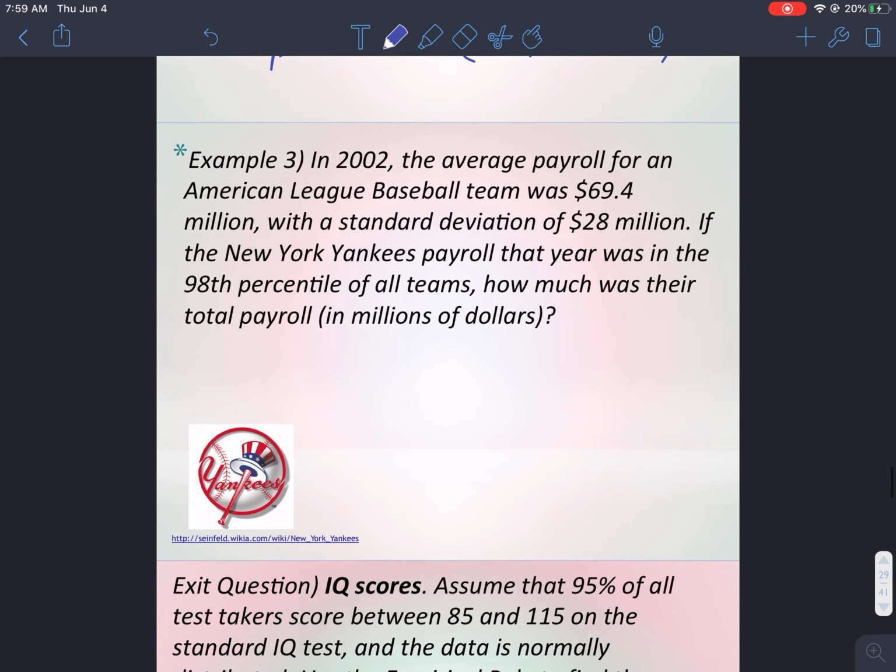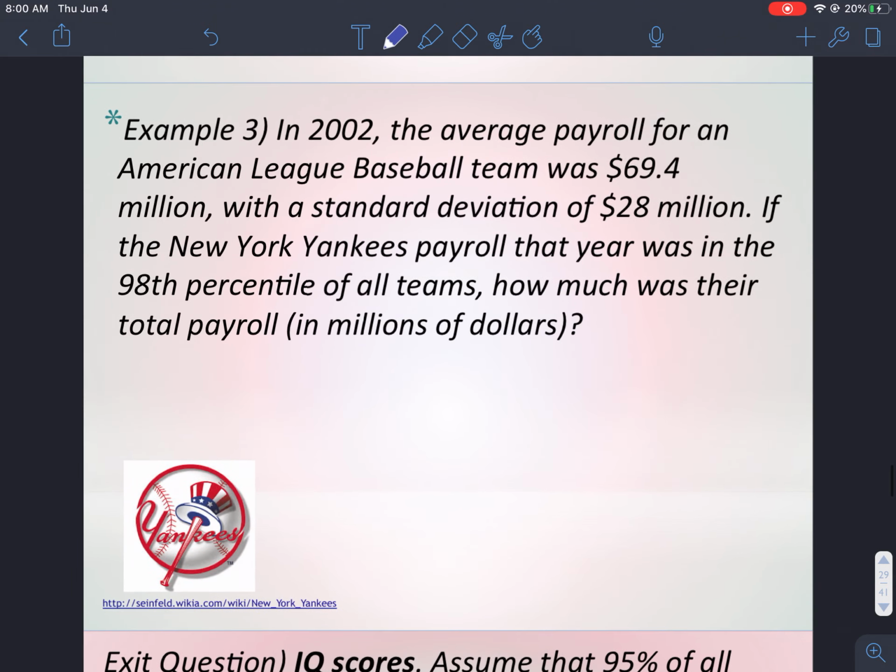In 2002, there's a good baseball application. The average payroll for an American League baseball team was $69.4 million, with a standard deviation of 28 million. If the New York Yankees payroll that year was in the 98th percentile of all teams, how much was their payroll?